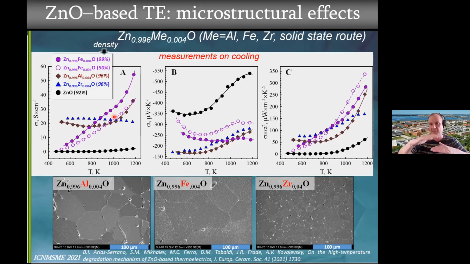So basically, for samples with different porosity, the difference can most likely be attributed only to porosity, only to voids. And in this case, it is not only voids. It's also effects which take place inside the voids and change the structure of the material. Okay, thank you.